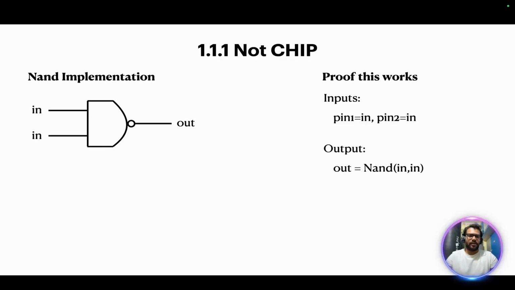Output is NAND of input and input, and we know that NAND is AND combined with NOT. So you get in into in dash, and the idempotent law says A into A is simply A, and you have input dash, which was the logic that we intended. So this particular implementation gives you the NOT implementation using NAND only.